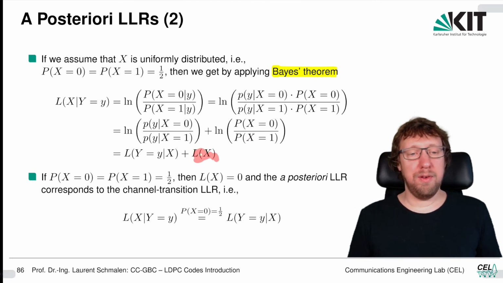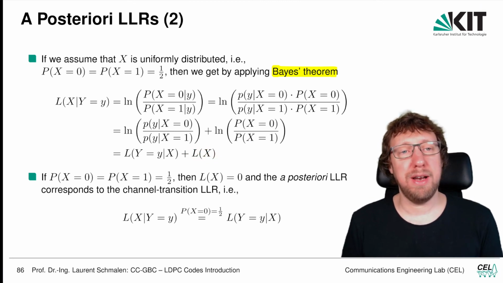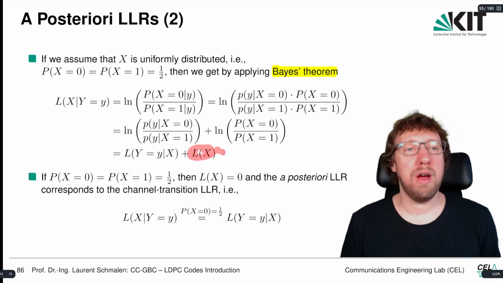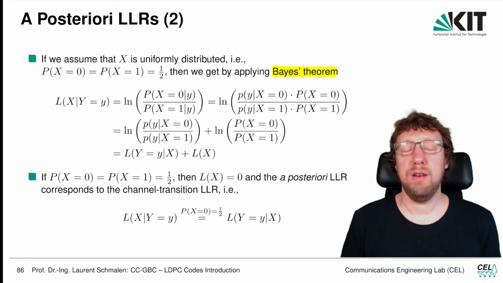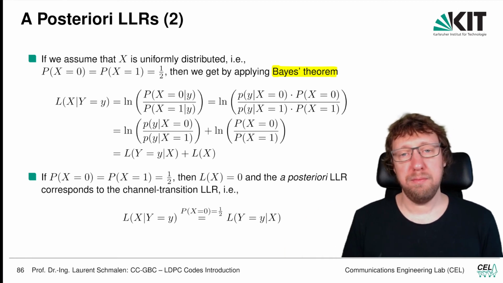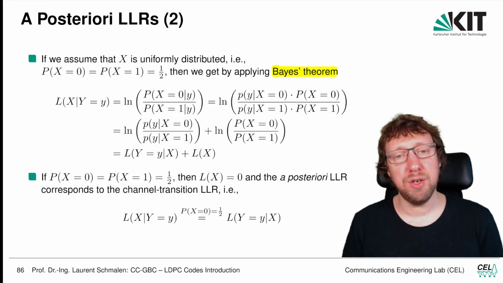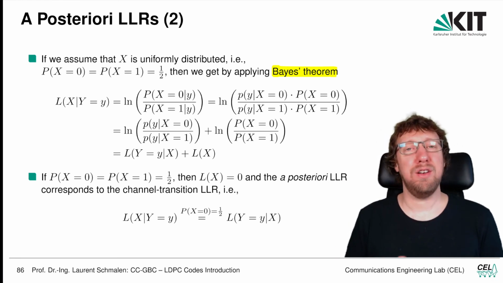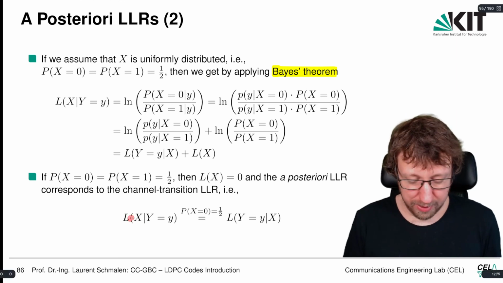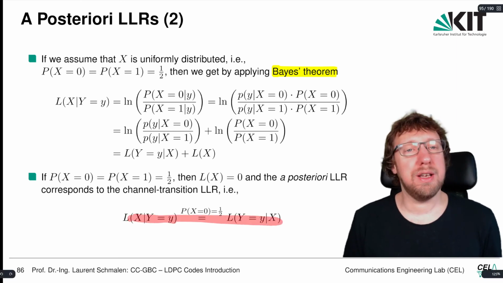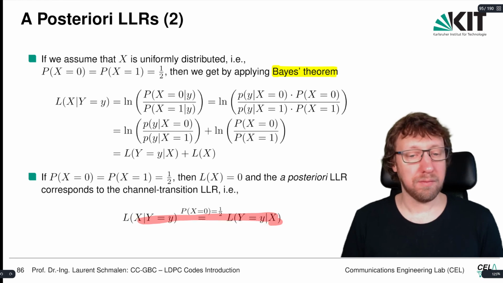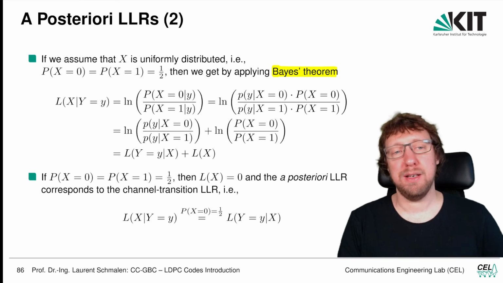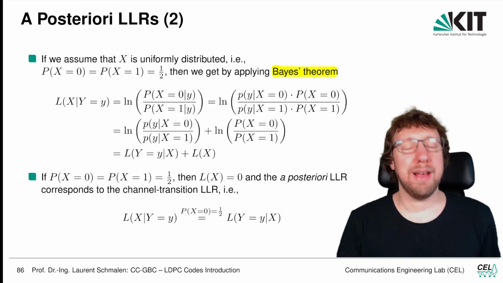And if both x equals 0 and x equals 1 are equally probable, this term is equal to 0, and the a posteriori equals the a priori, except that there is this normalization term, and this normalization term cancels in log likelihood ratios. So in this case, the log likelihood ratios are the same. So they are equivalent. So that's also a very nice property because this normalization term will cancel out.